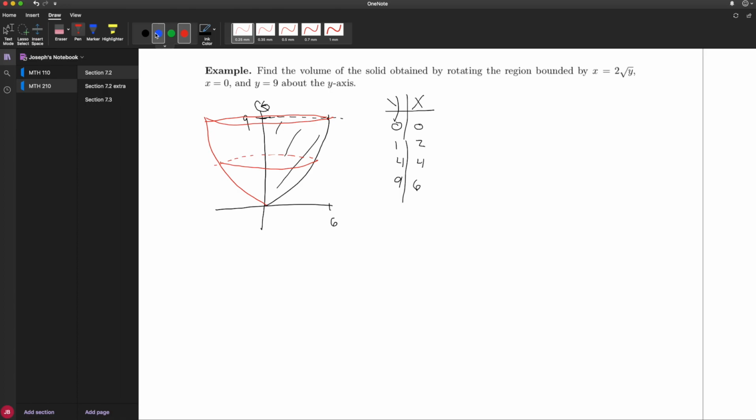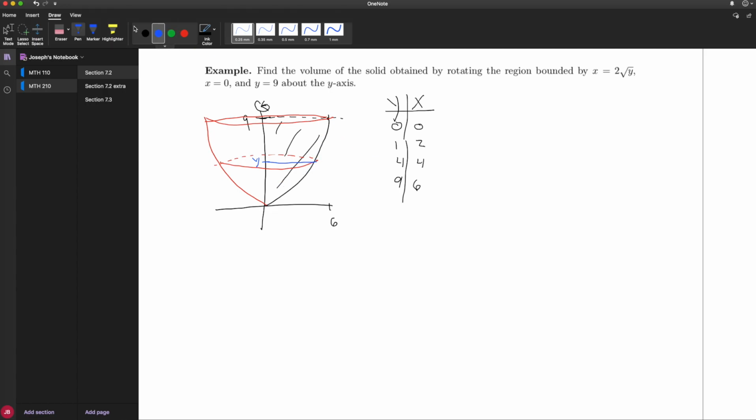All right, so pick a y value in this vertical span now, in the y range 0 to 9. What we need to know is the radius of this cross-sectional disk, which is exactly the, in air quotes, height of the function, which is given by 2 root y. Right?